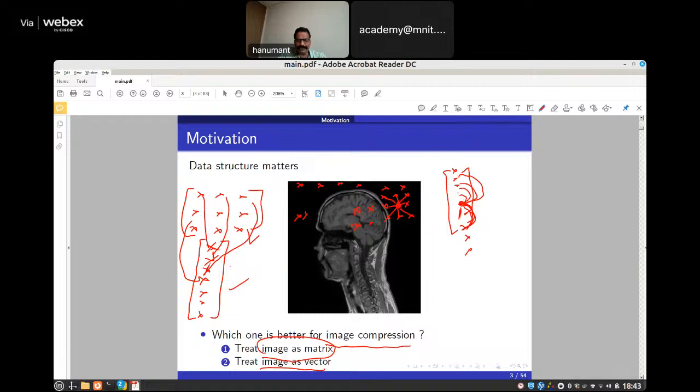Please remember, there is no data loss. The main problem is that when you write it in vector form instead of matrix form, this particular correlation which was available in front of you becomes a little more complicated. In the matrix, it is a simple correlation which all of us can see with our eyes.